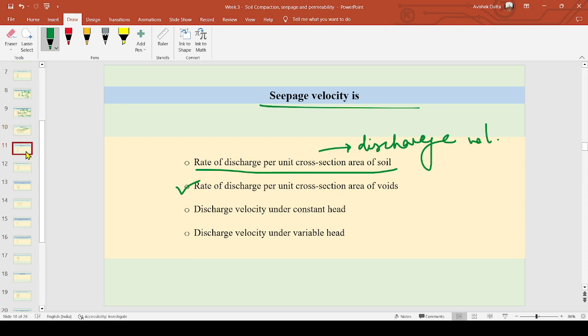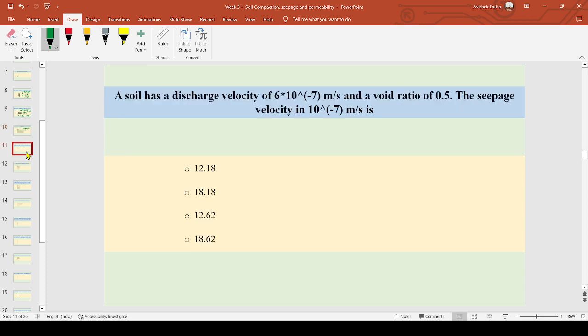Next question. Soil has a discharge velocity and void ratio of 0.5. Seepage velocity is, any answer? Anyone?